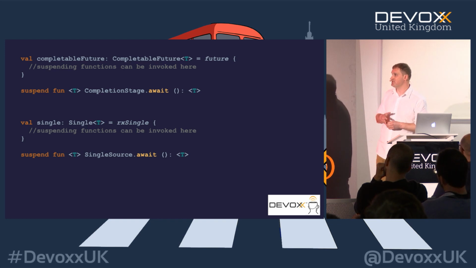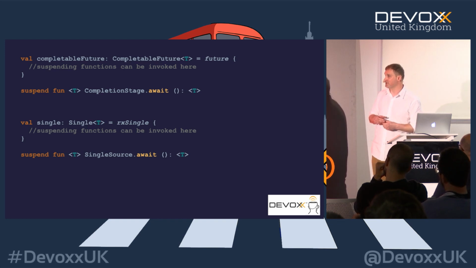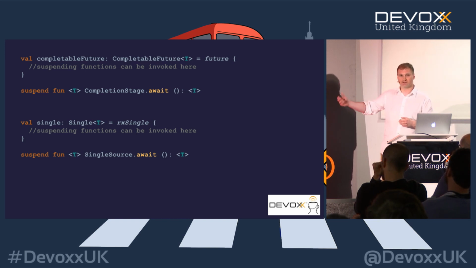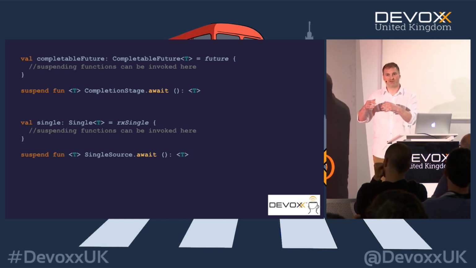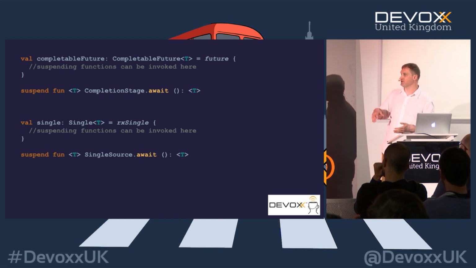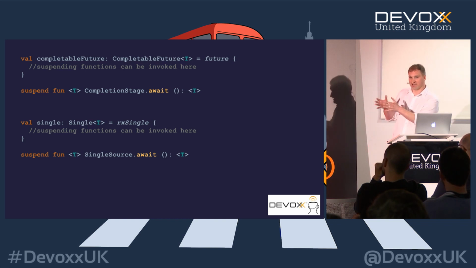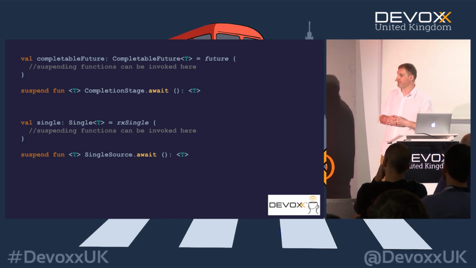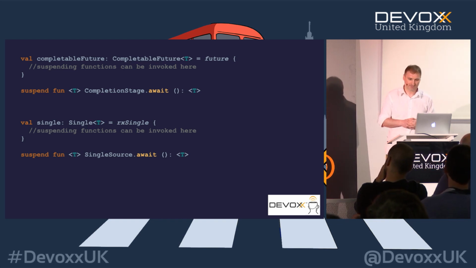So here you can see the code that can interoperate with RxJava 2. You have the rxSingle function, which allows you to create a Single, this reactive type from RxJava. And you can write your code with suspending functions. And you also have the await function, which is the extension function on SingleSource. So Single inherits from SingleSource, so you can also call it on Single.